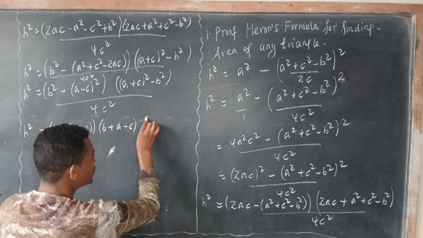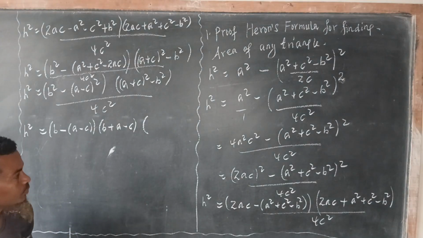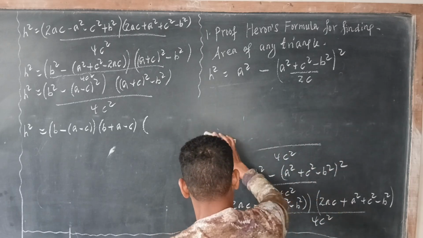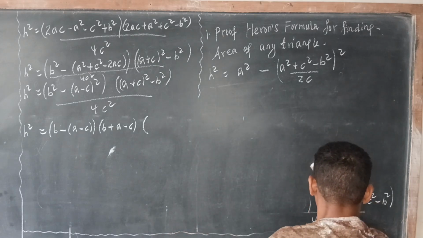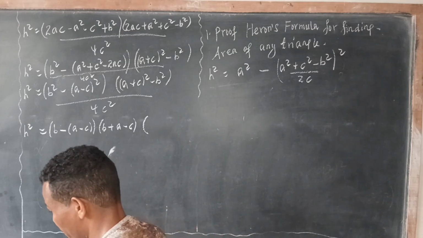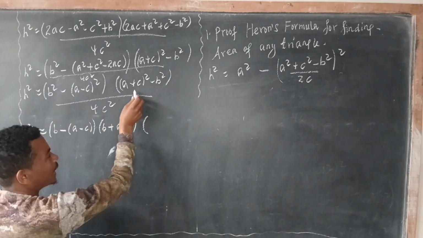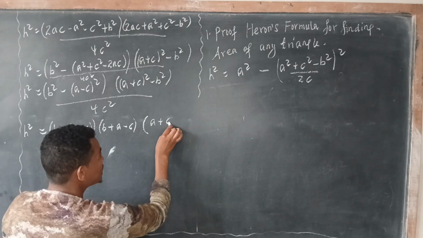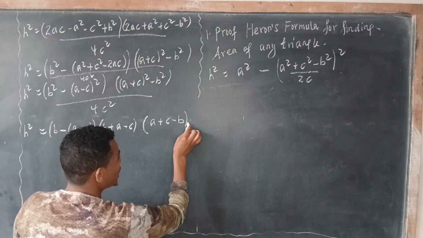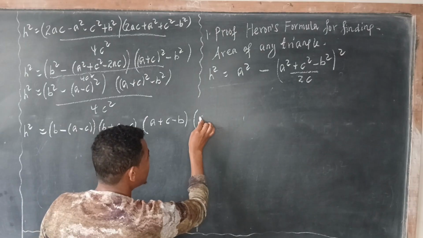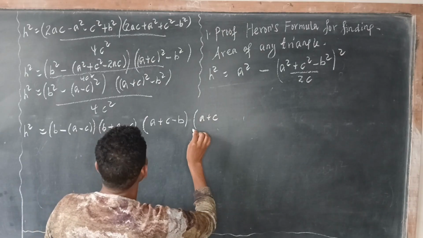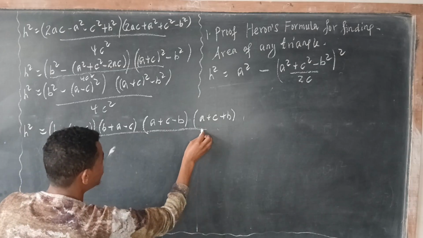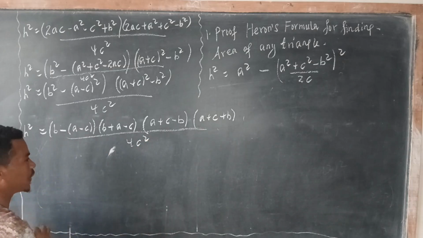times, and this one, a plus c the whole square minus b square, is a plus c minus b times a plus c plus b, divided by 4c the whole square.